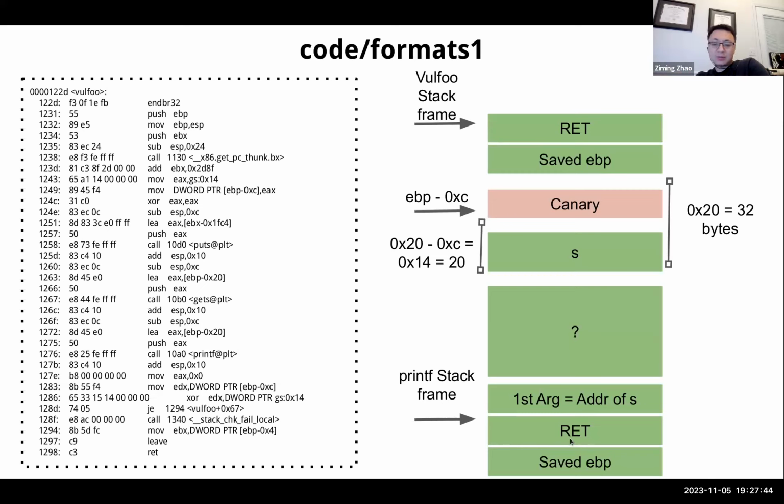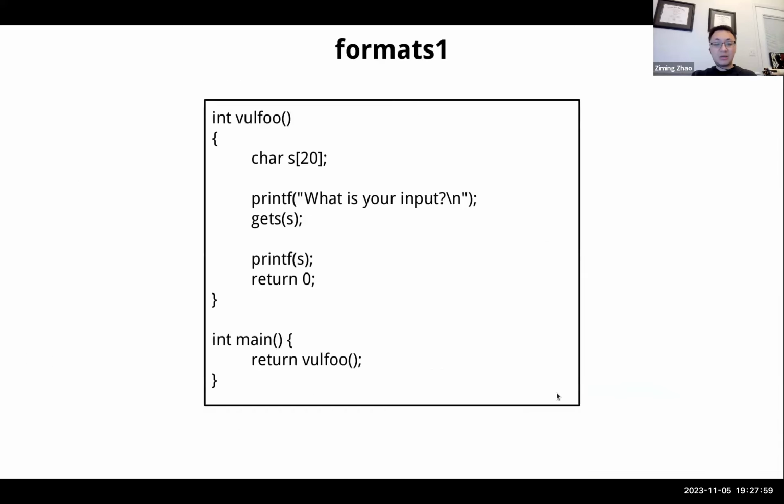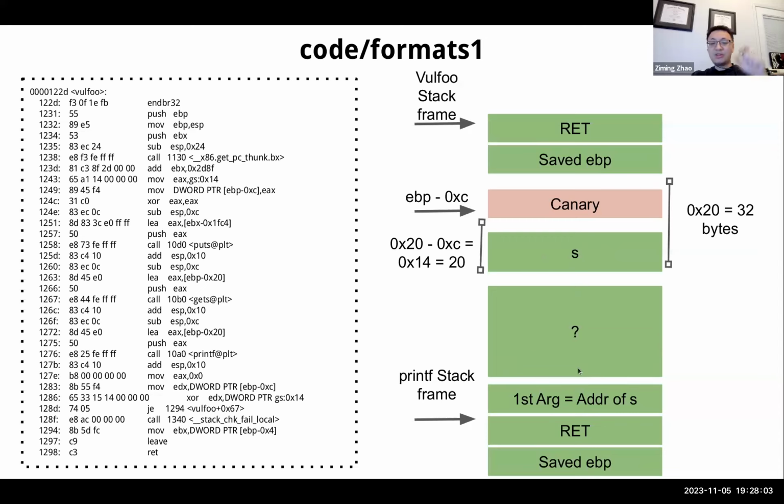It has a return address, which should point to the middle of vulfu, then it has saved EBP. Then going higher, we should have its arguments, and the first argument is just s, the format string.